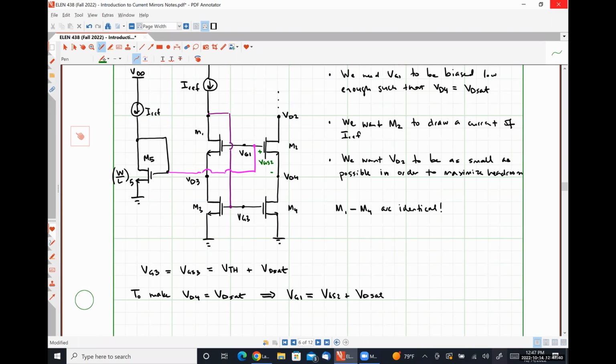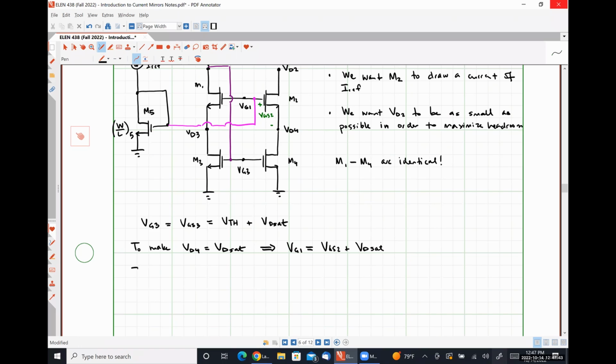Okay, so to make this happen, we have to size M5 such that VG1 is equal to VTH plus 2 VD sat. Right.